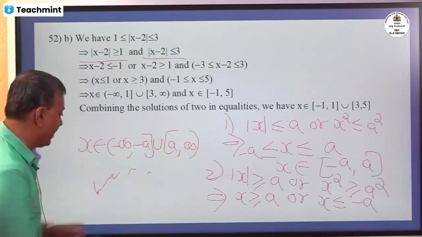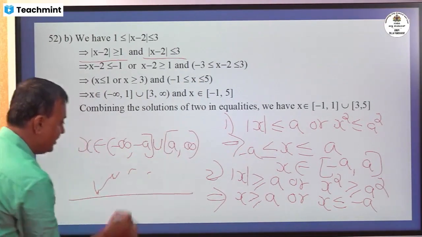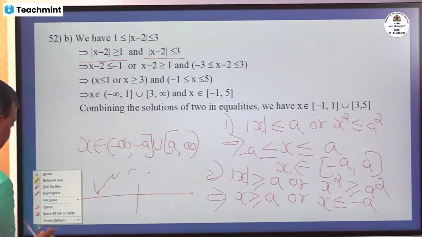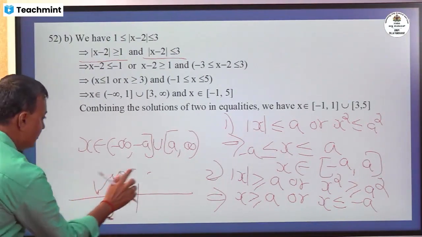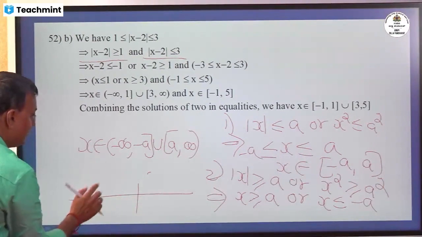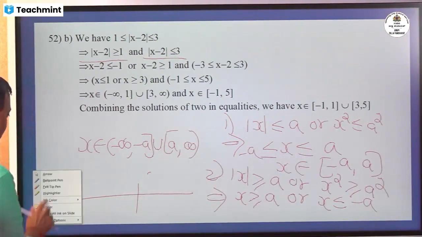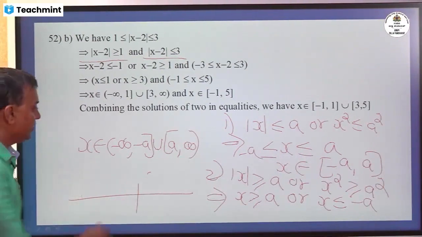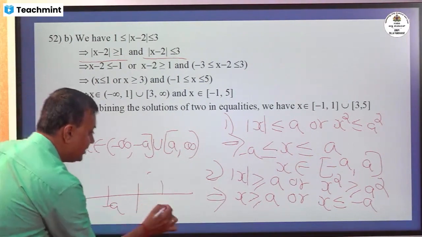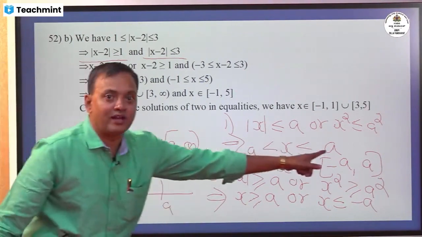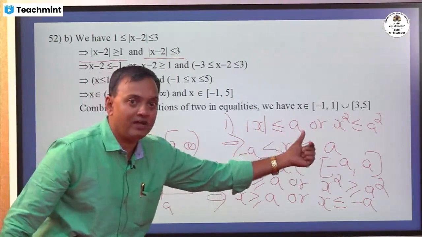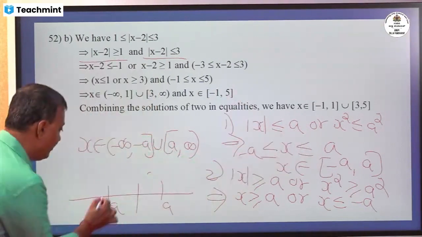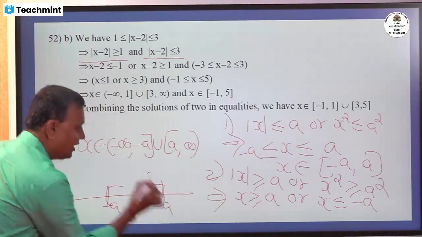For the first one, here in this line, this is minus a, this is a. For the first one, minus a to a.